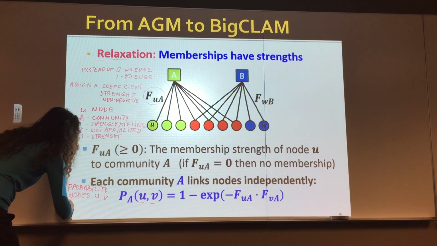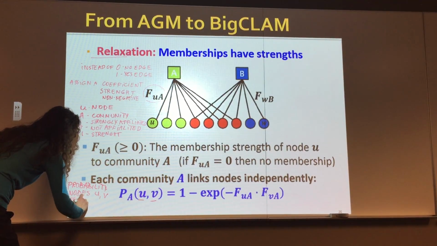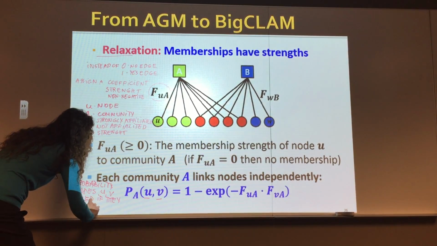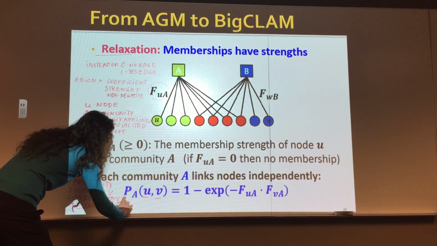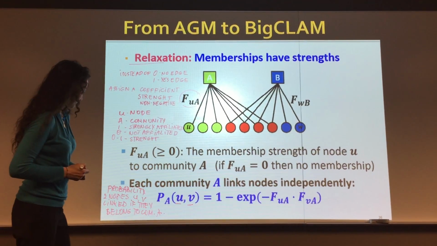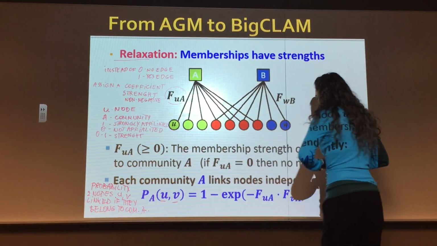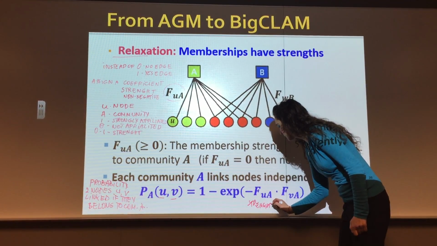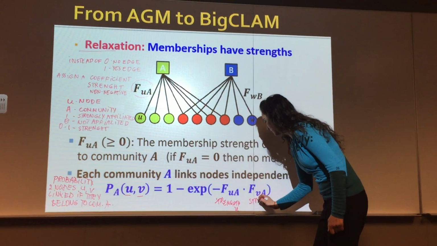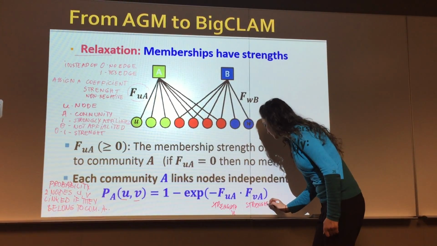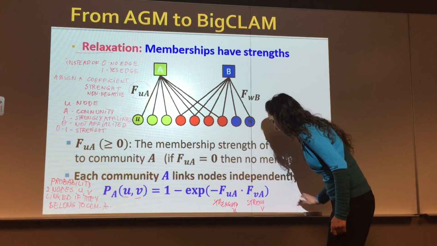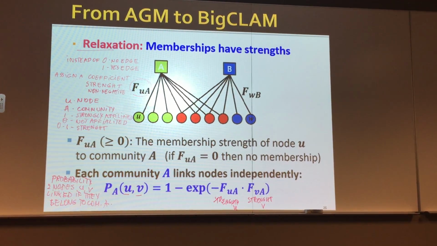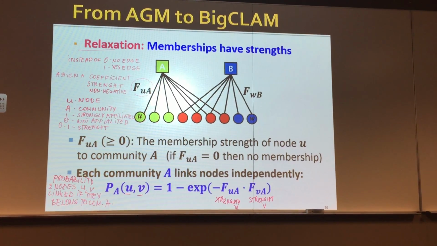U and V are linked if they belong to the community A. So this is 1 minus the exponent of the strength coefficient of U and the strength for V. So it is the product of the membership strength of the two.